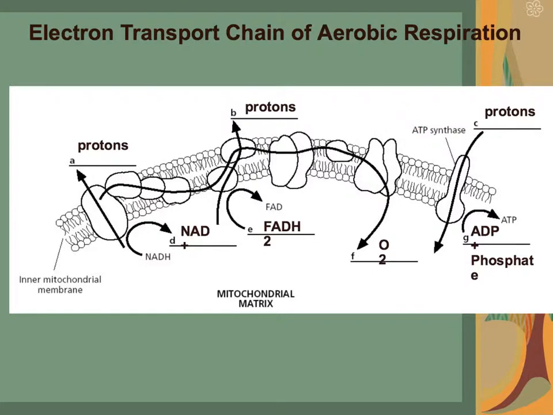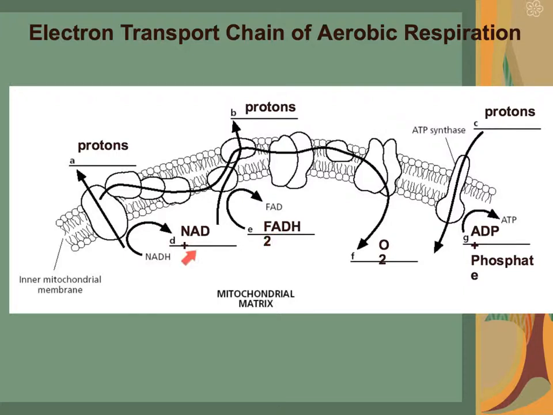The electron transport accepts the electrons from glucose, from glycolysis, from the transition reaction, and from the Krebs cycle. And it's usually the NAD that carries these electrons, as we saw in those previous slides. However, we saw the FADH picking up hydrogens and electrons in the Krebs cycle.